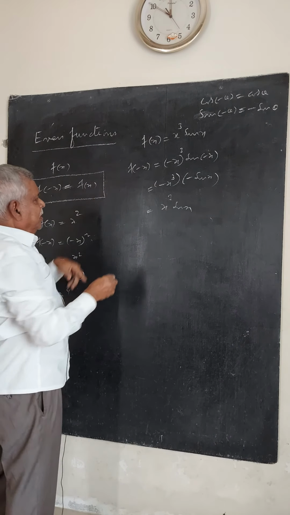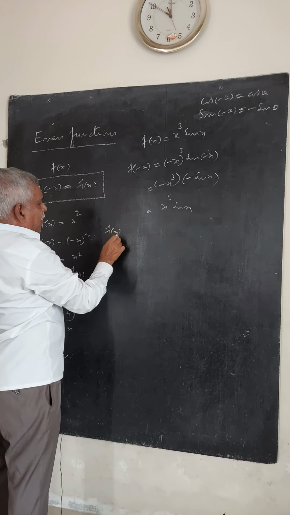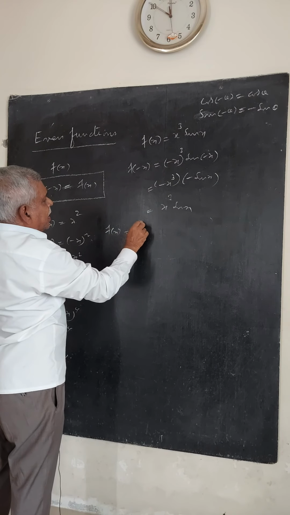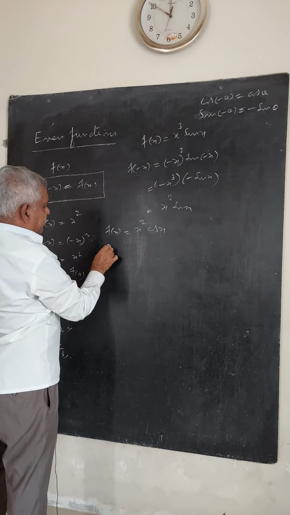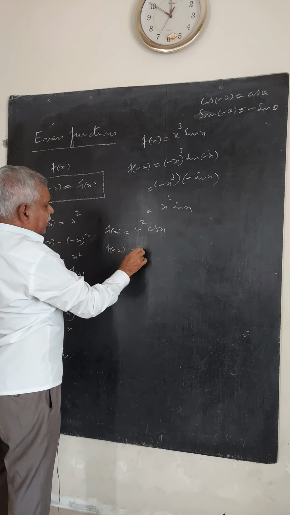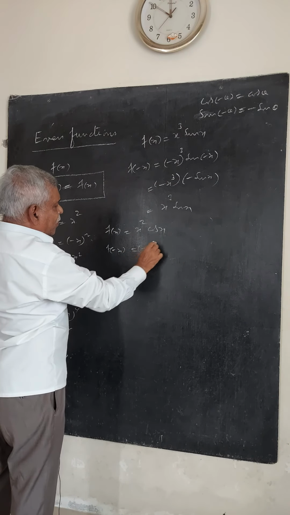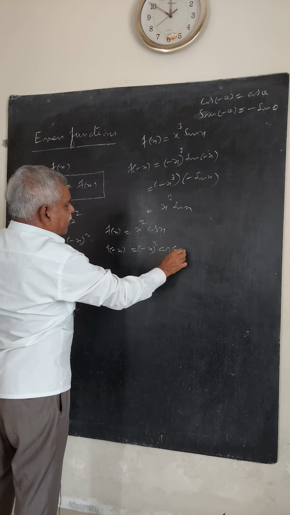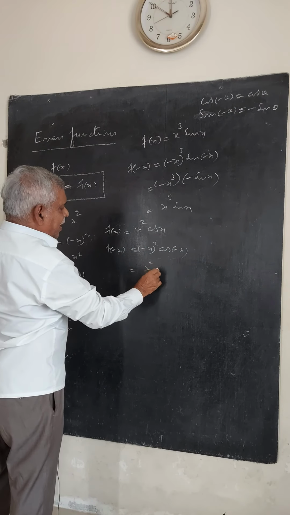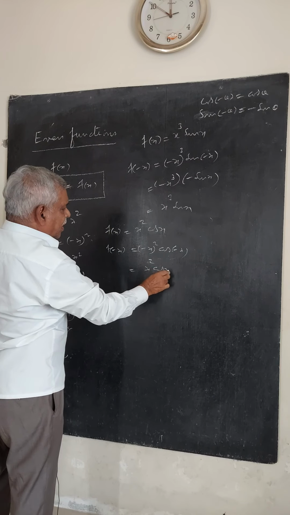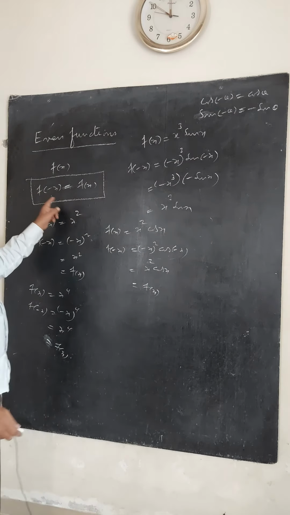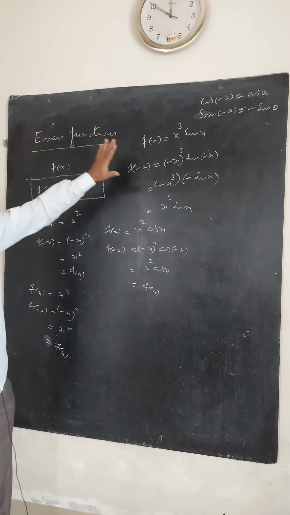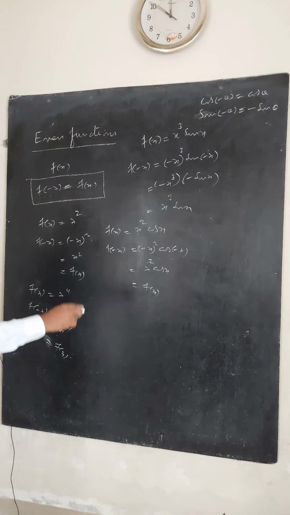Similarly, f of x equal to x square cos x. f of minus x equal to minus x whole square cos of minus x, which is x square cos x, f of x. f of minus x equals f of x. These are all the examples for the even function.